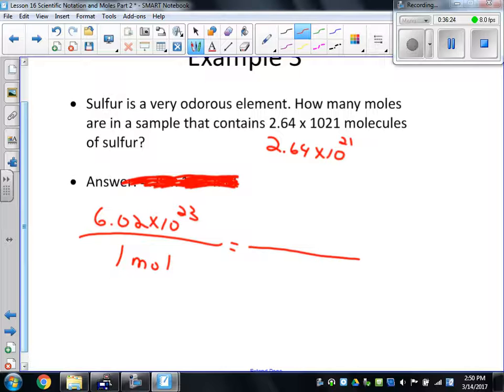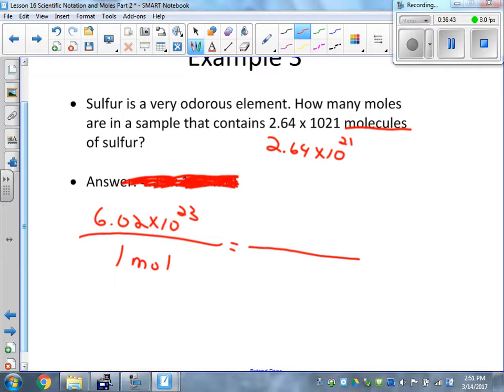I flipped them over this time. It doesn't matter. You flip yours over. It doesn't matter. Or don't. I don't care. But it doesn't matter which way you write this. But it does matter where we put the next number because we want to keep it lined up. Yes. So in this case here, look, it says I have a sample that contains that many molecules. So I'm going to use the word molecules in my little ratio here. 1 mole has to be 6.02 times 10 to the 23 molecules.